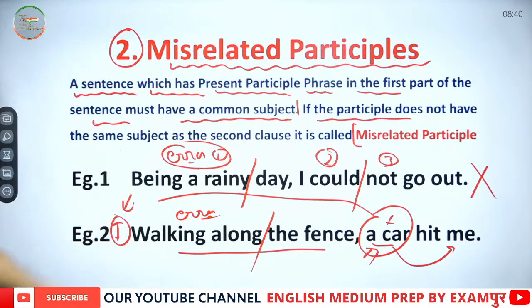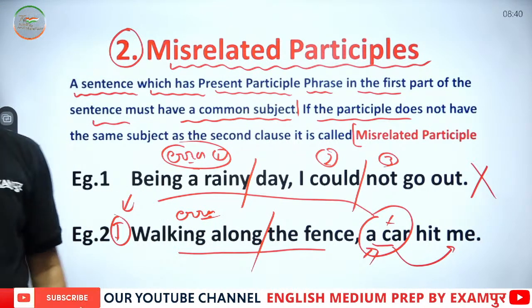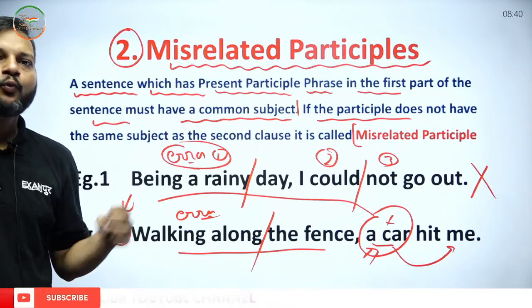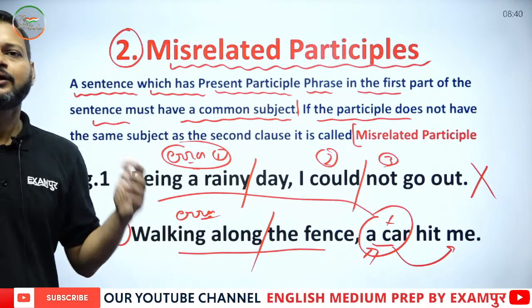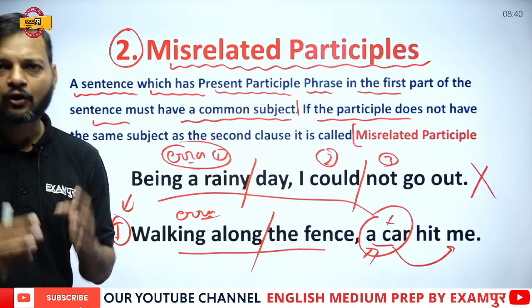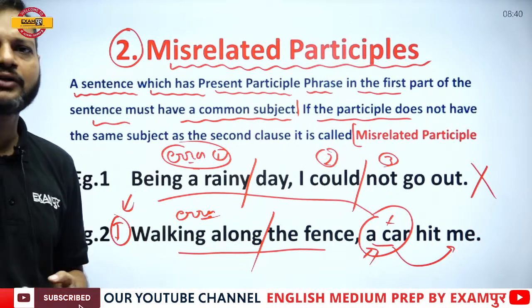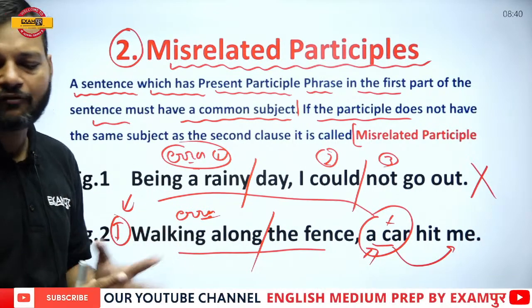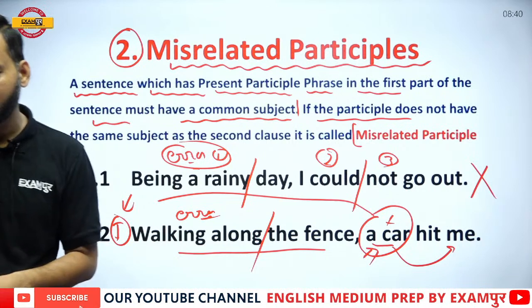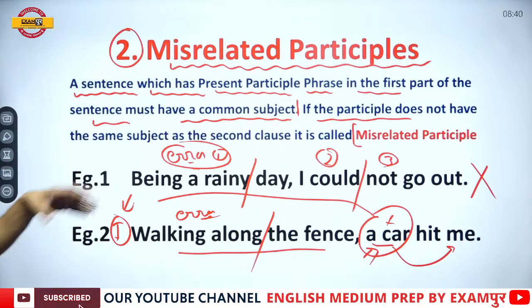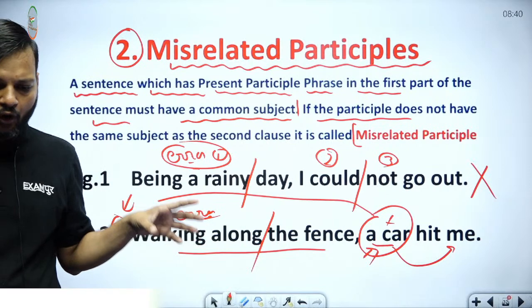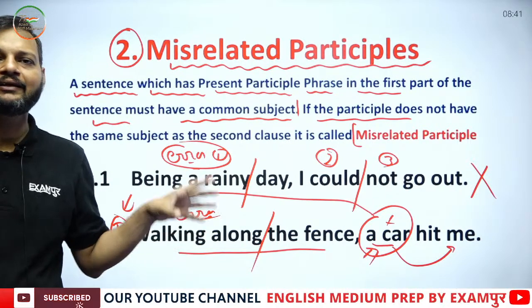So this is called a misrelated participle. A sentence which starts with a participle and does not share a common subject in both the clauses is called the misrelation of participle.